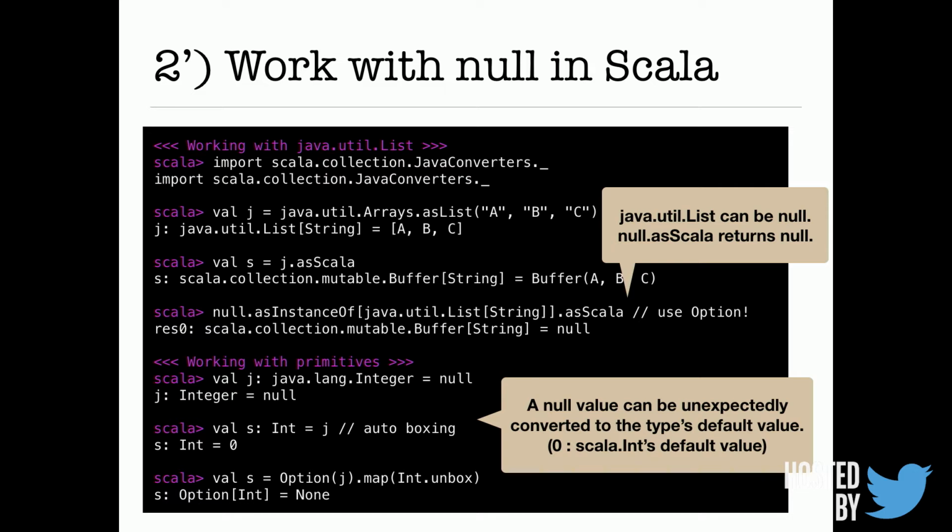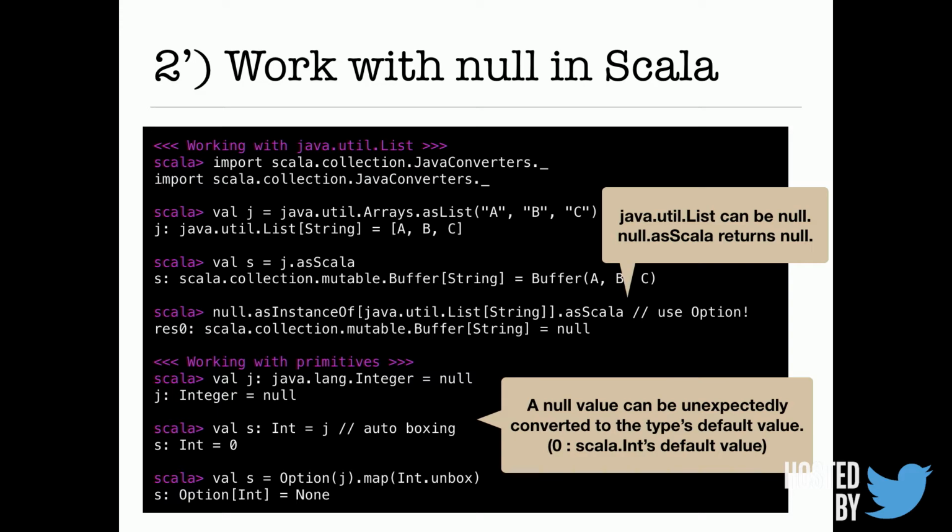But you should be very careful about the possibility of having null like this. So null.asScala can also be called, and in that case, the asScala method returns null. So even if this is a Scala collection object, the value is null. So it's a very terrible pitfall. So you should use Option everywhere.